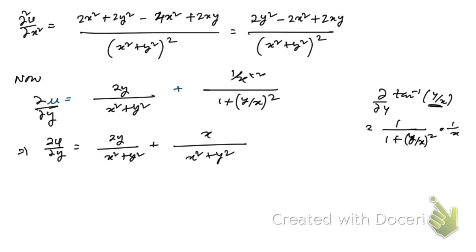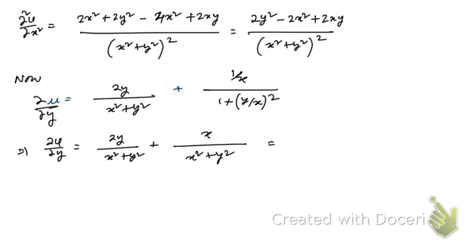If you multiply here by x square, that x square is going to be cancelled by x, so only x is left. Hope you have understood this. Now take the LCM, so let me clean this. Taking the LCM, x square plus y square, so here twice y plus x. That's what we have got.